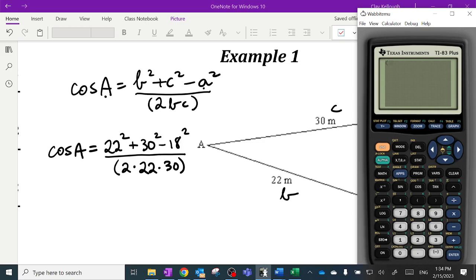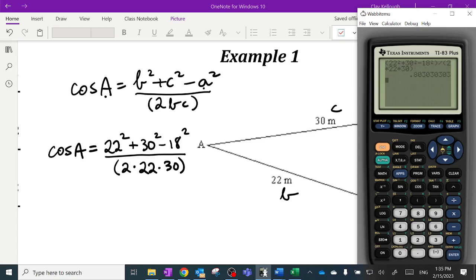You start by opening a bracket. 22 squared plus 30 squared minus 18 squared. Close the bracket. That just tells the calculator, do this calculation first, then divide. Then open a bracket. 2 times 22 times 30. Close my bracket and hit equals.